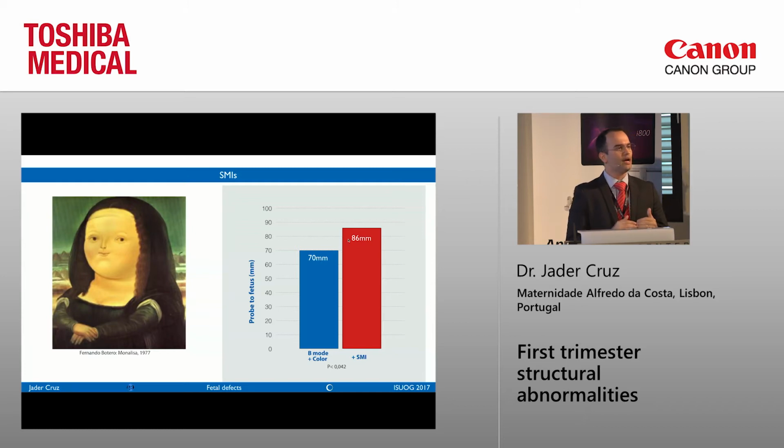If you're using SMI, your distance increases to 86. So it not only helps you to see better, but also helps you to see further or more distant, yes, in situations that are more difficult. Of course, the difference is not as strong as in the other things, but there is a very good trend on that. So it helps you to see better.